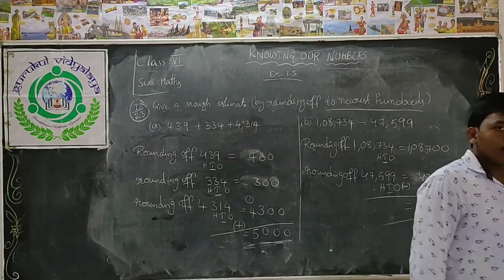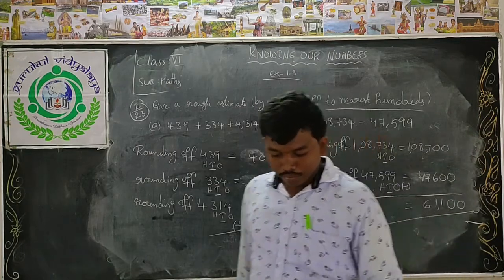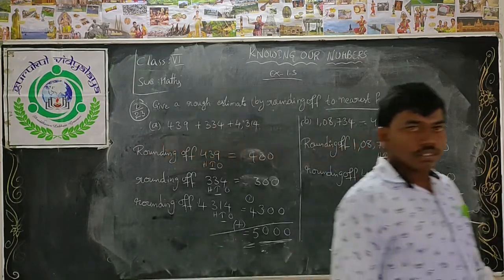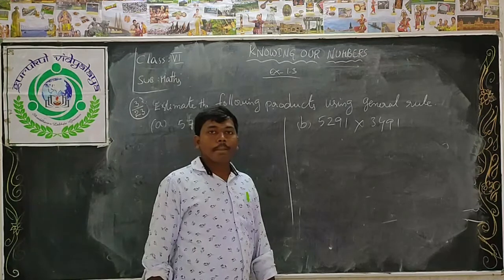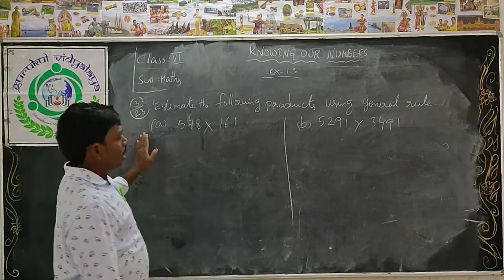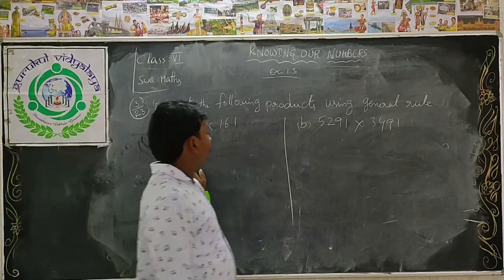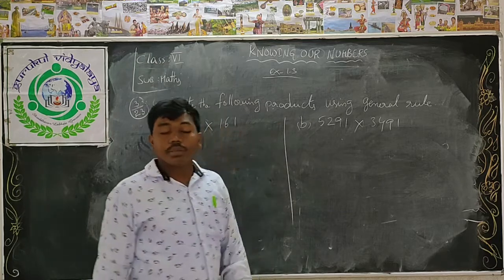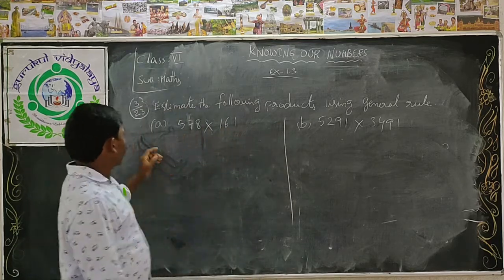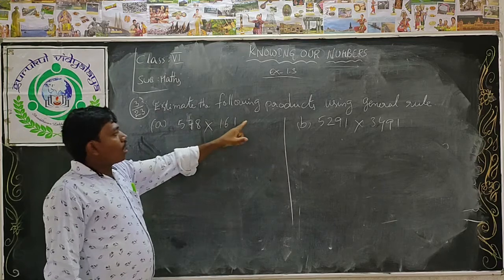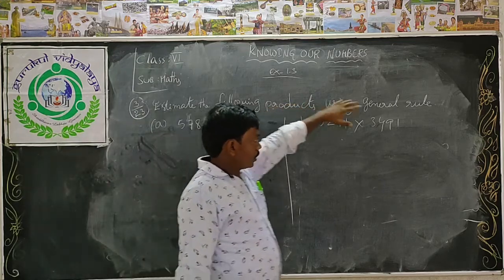Okay, now children, the last question in the exercise and also the first chapter. What is that? Estimate the following products using the general rule.